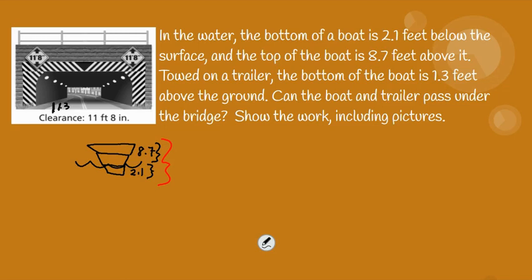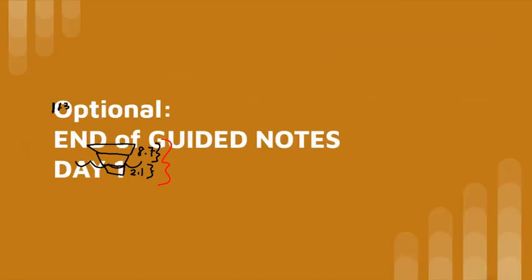So the question is, can the boat fit through this underpass that's 11 feet 8 inches tall? You guys are going to have to figure that out. So pause the video, figure it out, and then we'll come back and talk about it. And we'll see what you got for your answers. Yes or no is going to be an outcome. Okay? All right. So that's the end of our first part of our guided notes.